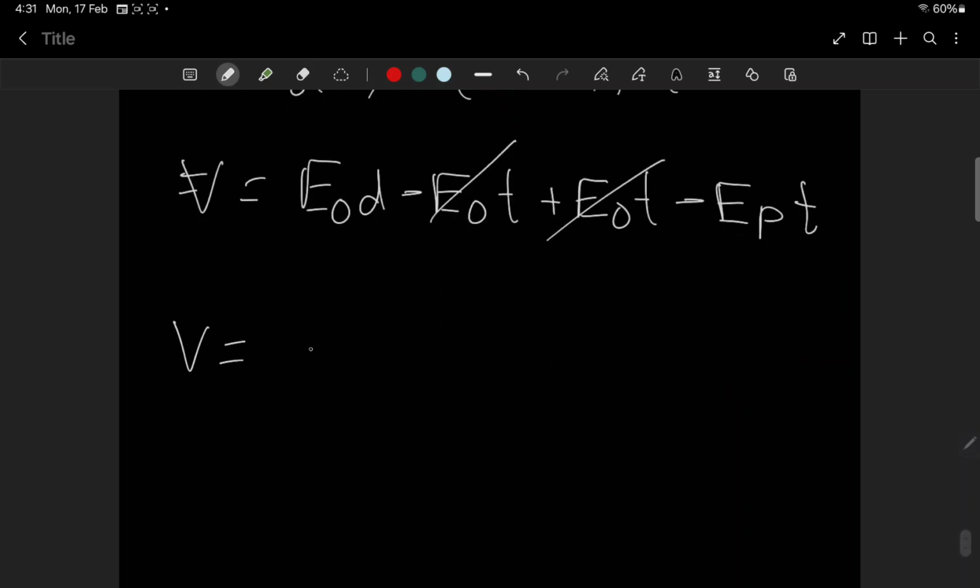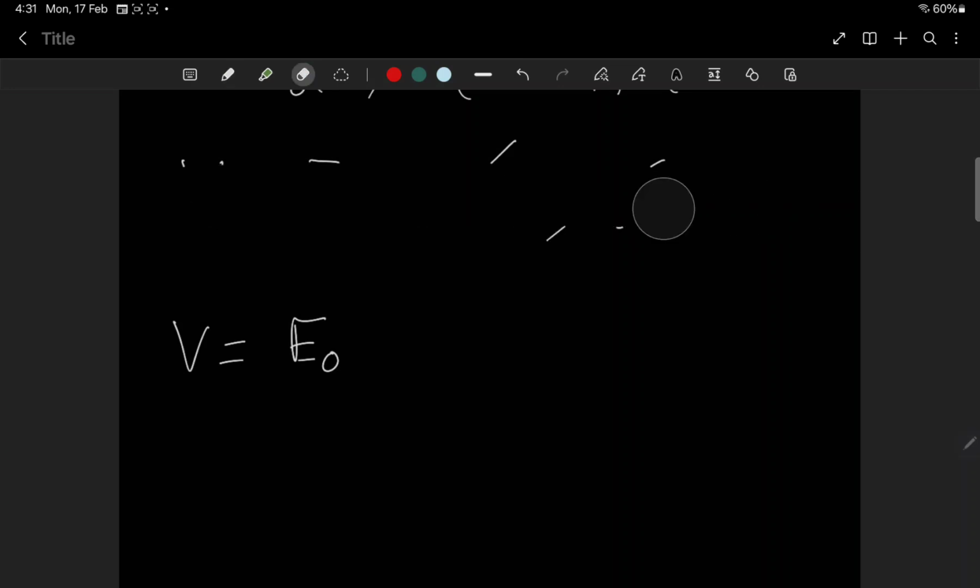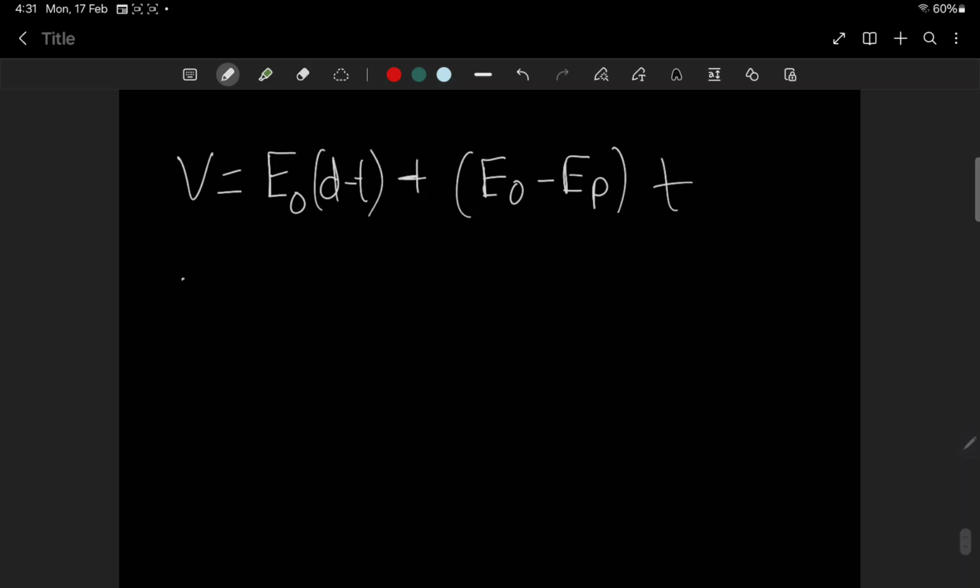Therefore V is equal to E naught D, no need, we'll be doing another method. Don't need to expand it or it will go wrong. So we get V is equal to E naught into D minus T plus.